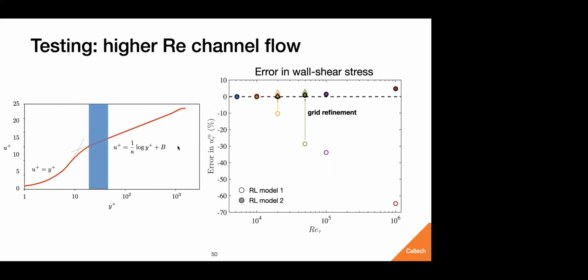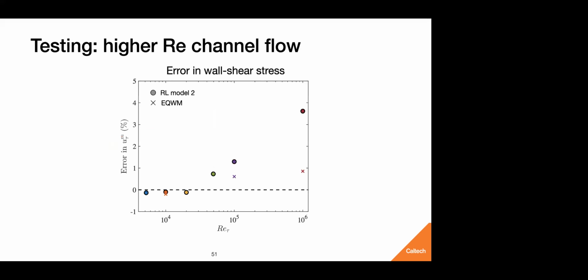In the first model, just because of this design, where we use the U and the Y's as our state variables, we need to do grid refinement as we increase Reynolds number. So this is not the most desirable trait of a model, even though it is usable in a way. So we're going to focus now on the second model.